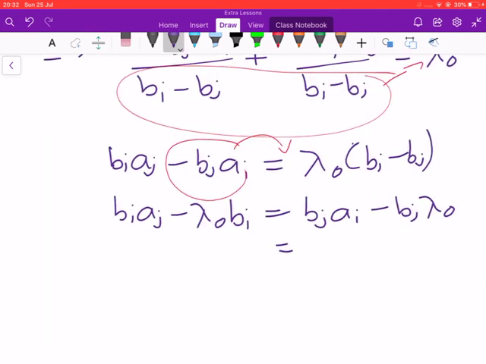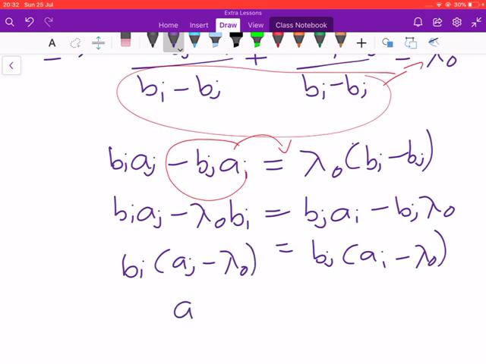So you can find the common factor here, which is BJ, and you'll be left with AI minus lambda 0. And on the other side you have BI AJ minus lambda 0.